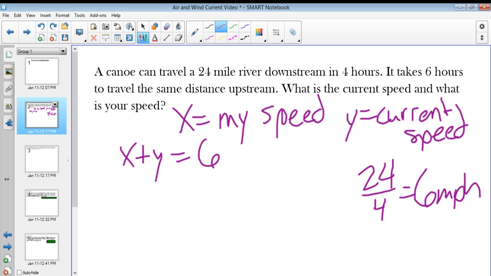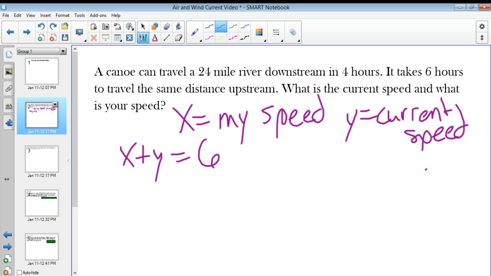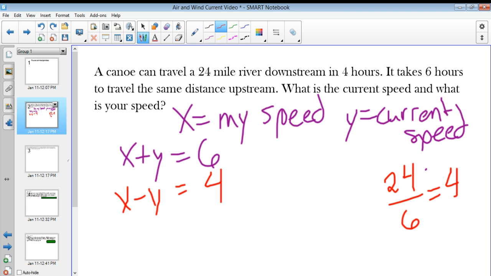Now, you're going the same distance, but if you're going upstream, it takes you 6 hours, so an additional 2 hours. So I'll have 24 divided by 6 is equal to 4. So x minus y, your speed minus the current because you're going upstream, is equal to 4.